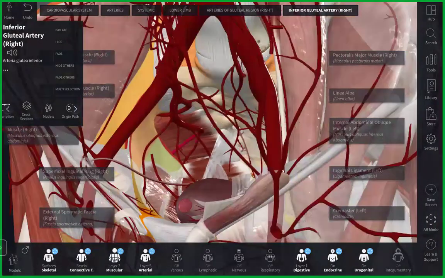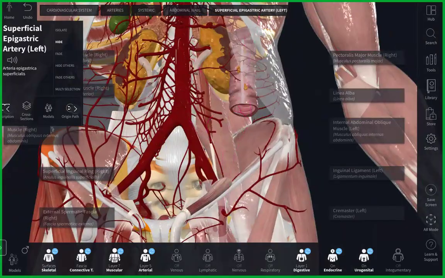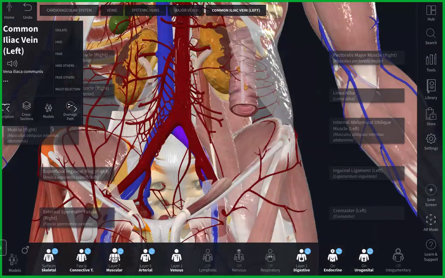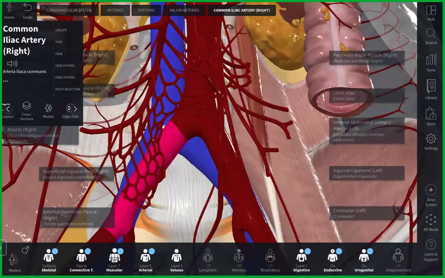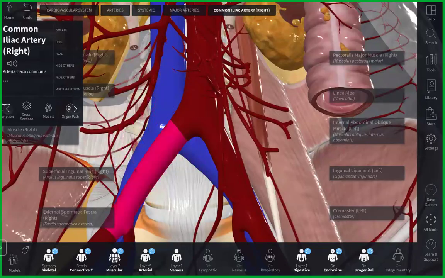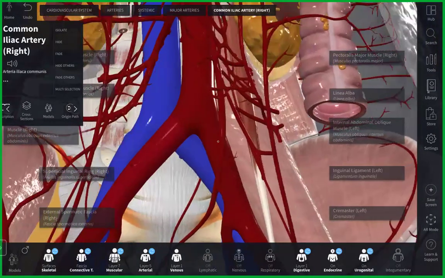Now let me show you one thing. If we add veins, you can see that left common iliac vein is under our common iliac artery. Which one? Right one. So right common iliac artery is above left common iliac vein.